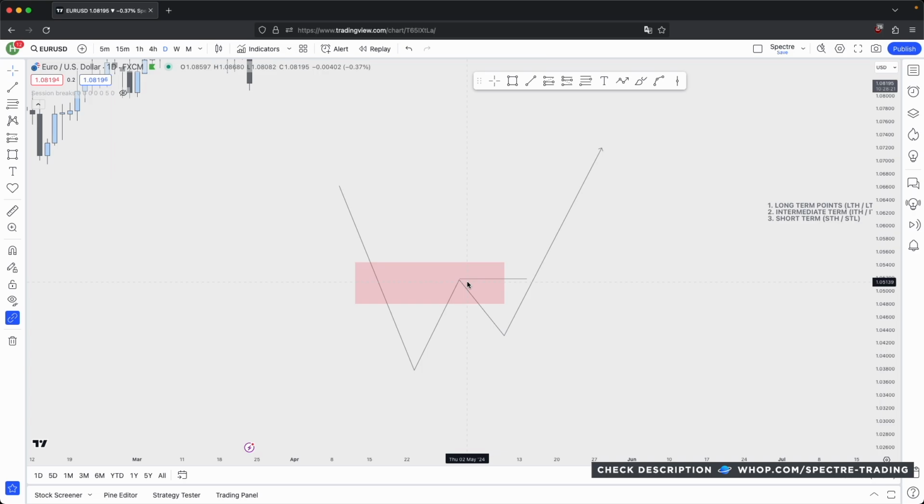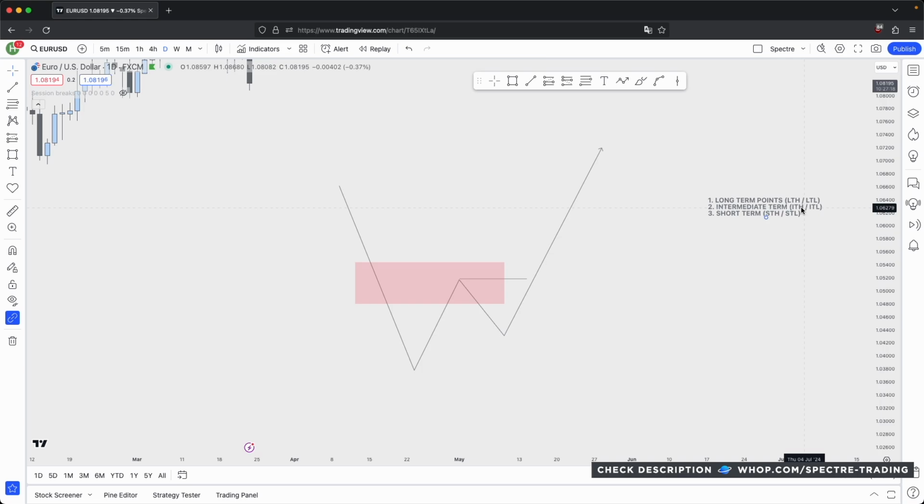So the second way it forms is, in this scenario, when price was currently bearish and it created a premium array in the form of this imbalance, when price retraces back to that premium array, it creates a swing high within this imbalance. And then it retraces lower and displaces higher. So after taking out this intermediate term high, that becomes your market structure shift. So that's the second way your intermediate term point could form. It is formed when a swing point is created within an imbalance or a fair value gap.